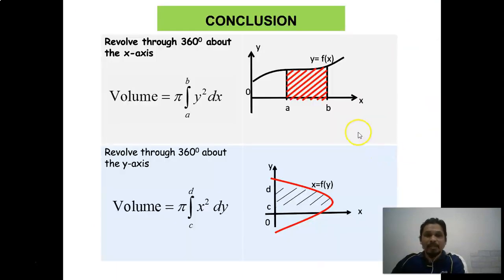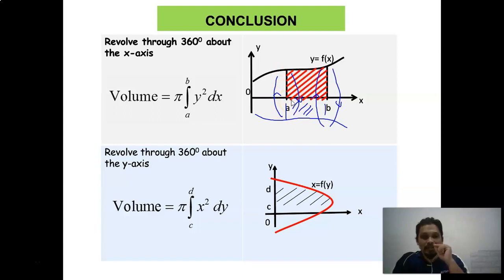So this is it. When the area between the curve, x-axis, x equals a and b, is rotated 360 degrees to the x-axis, it gives us something that looks like a vase, or might be a glass.